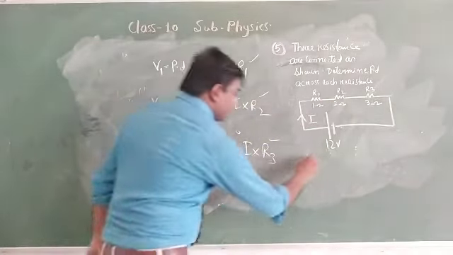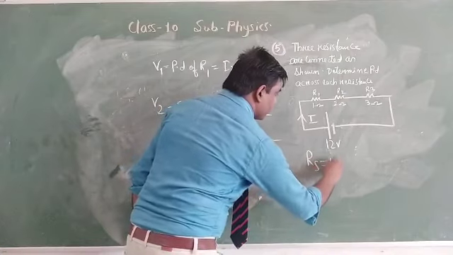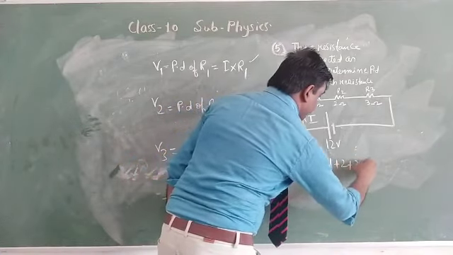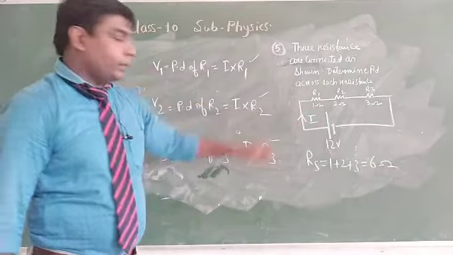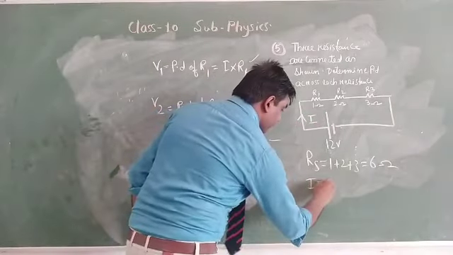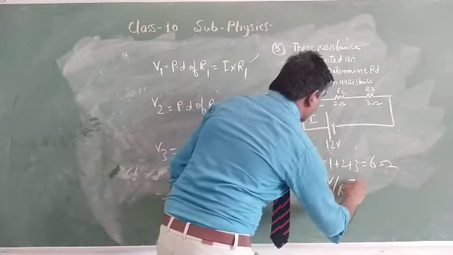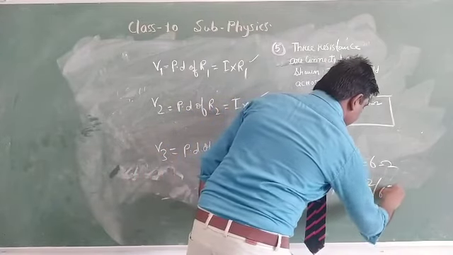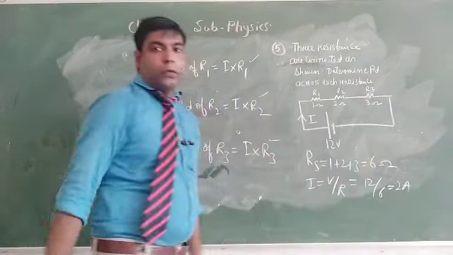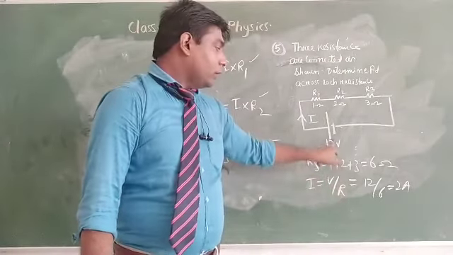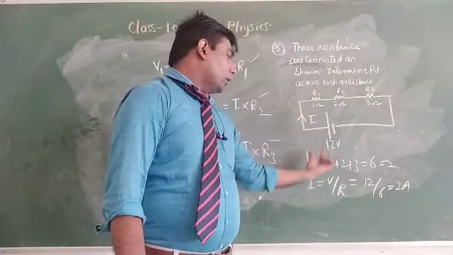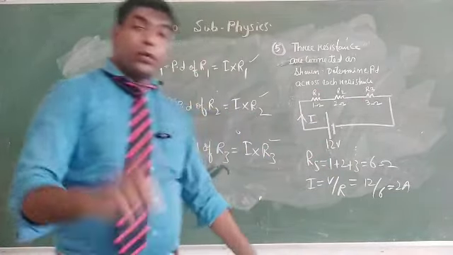So total resistance is how much? 6 ohm. That is, you know V equal to IR, so I equal to V by R. V is how much? 12, and R total is how much? 6. So 12 divided by 6 equal to 2 ampere.